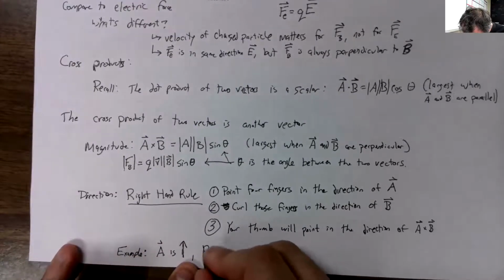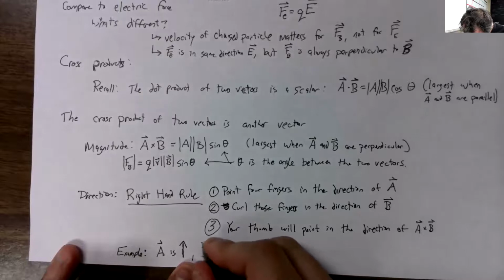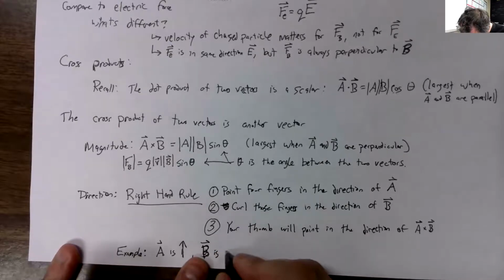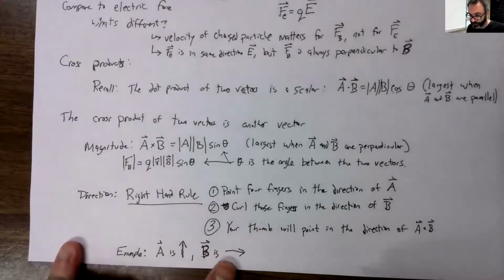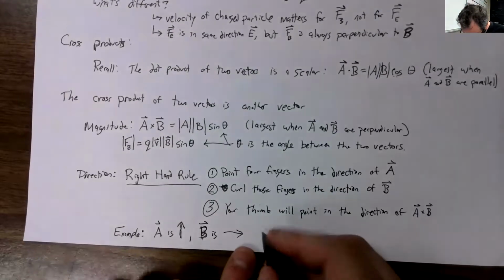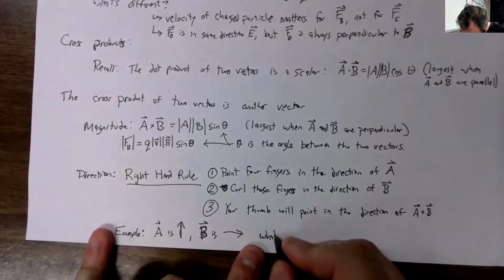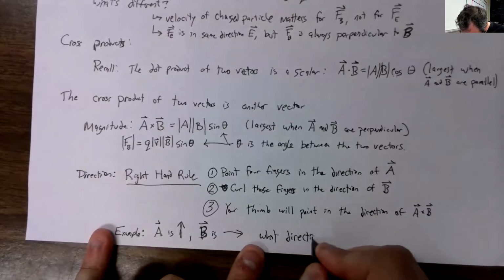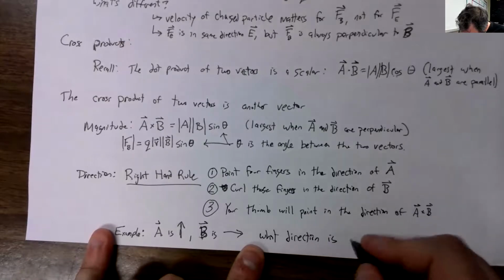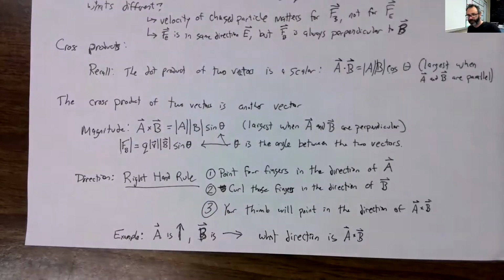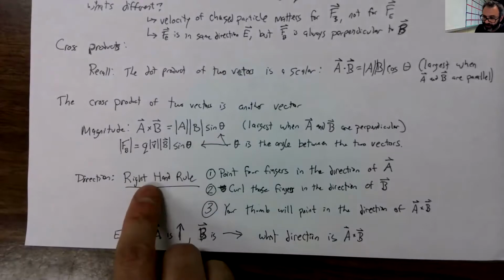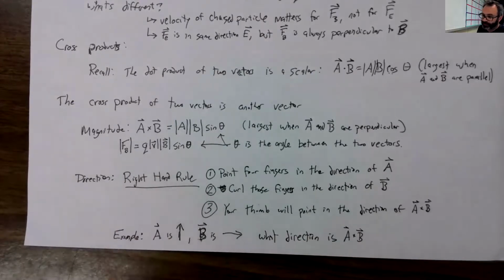Vector B, we'll say, is to the right. So what direction is A cross B? Importantly, remember it's the right-hand rule, not the left-hand rule. If you use your left hand instead of your right hand, you're going to get the opposite direction.